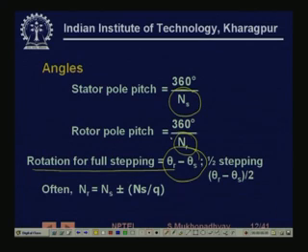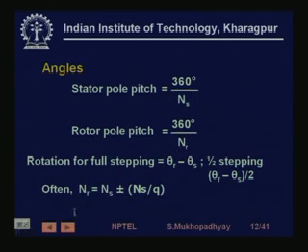Generally theta r is less than theta s, because it is smaller. For half stepping it is theta r minus theta s by 2. Often nr is chosen as ns plus or minus ns by q. If you do that, then you get 360 degree by q nr as the step angle.